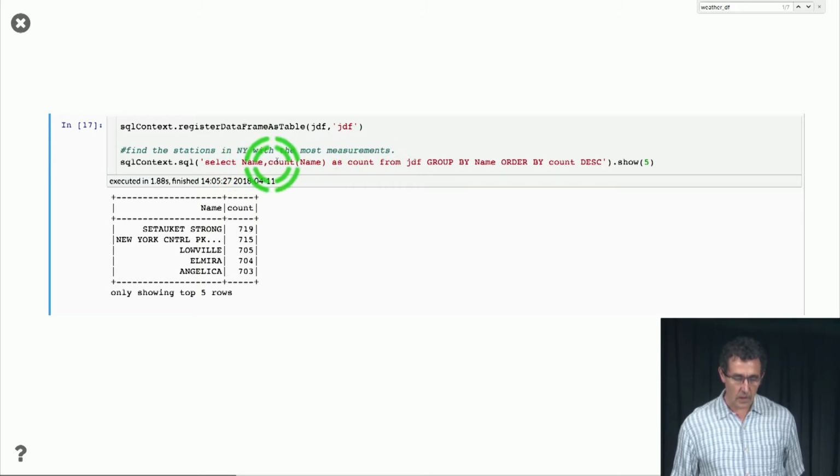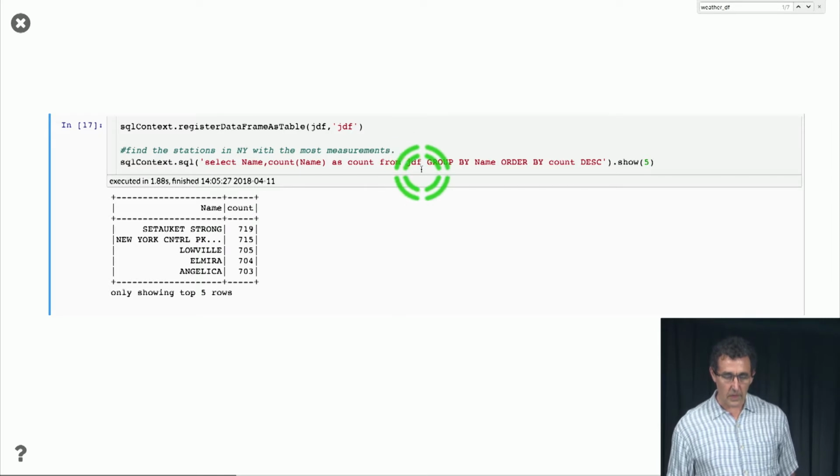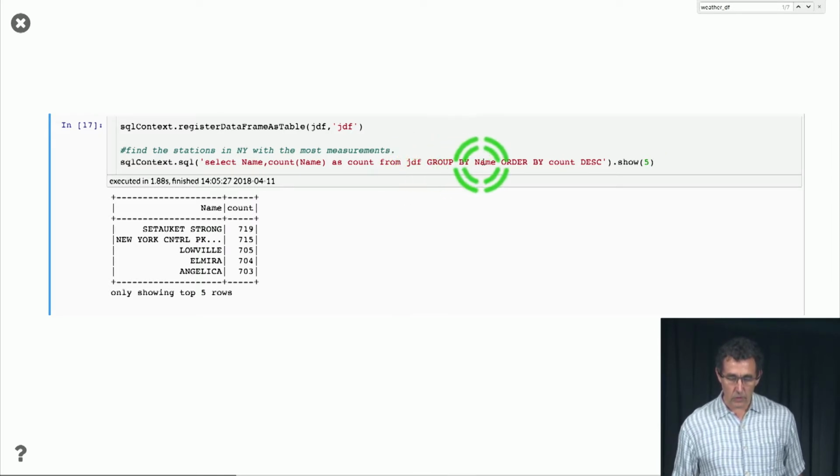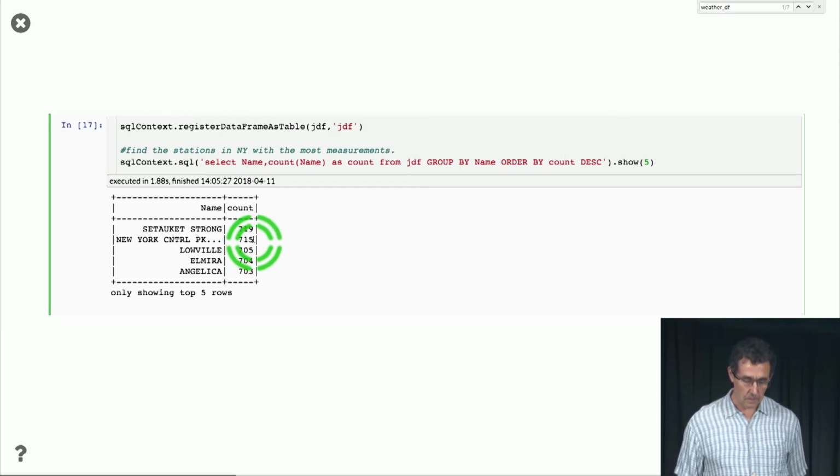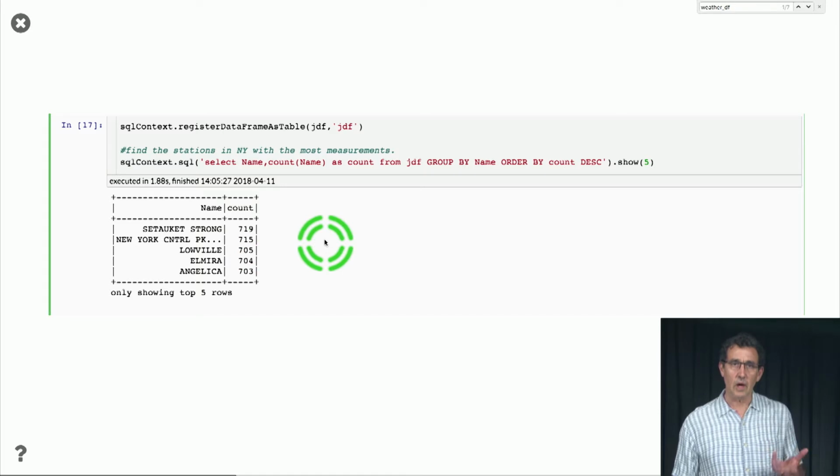Okay, so this SQL query here selects the name and the count of name from this table, JDF, and we group it by name and order it by count, descending. Okay, so the first station here is the station that has 719 measurements across all of the different measurements and all of the years. So that gives us a sense about how dense our data is.